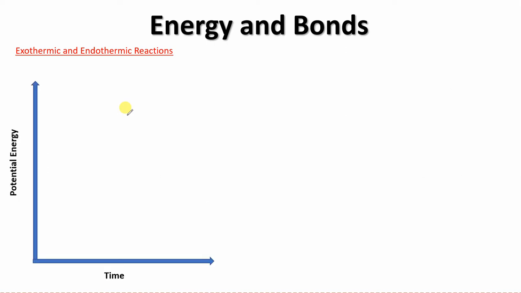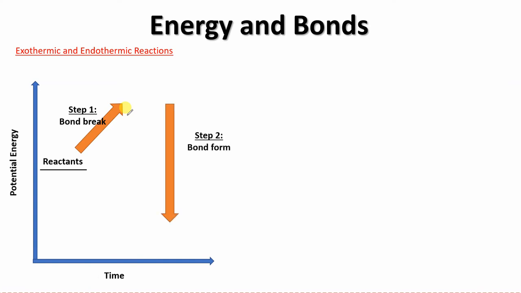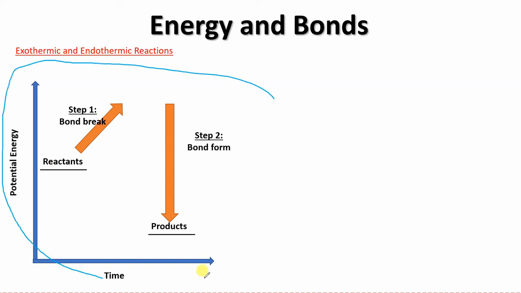So we've got an axis, we've got potential energy, and we've got time. So we've got some reactants in our test tube, and the very first thing that's going to happen, step 1, is that the bonds are going to break and the overall energy in our system increases. A little bit of time is going to pass. Step 2 is going to occur, and that's where bonds are going to form, and we end up with our products here. So if we just consider this to be our system, we actually have less energy in the system.